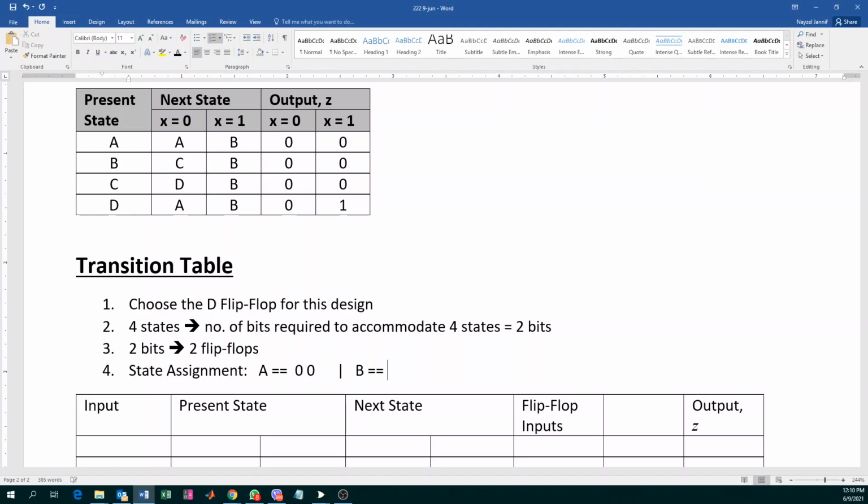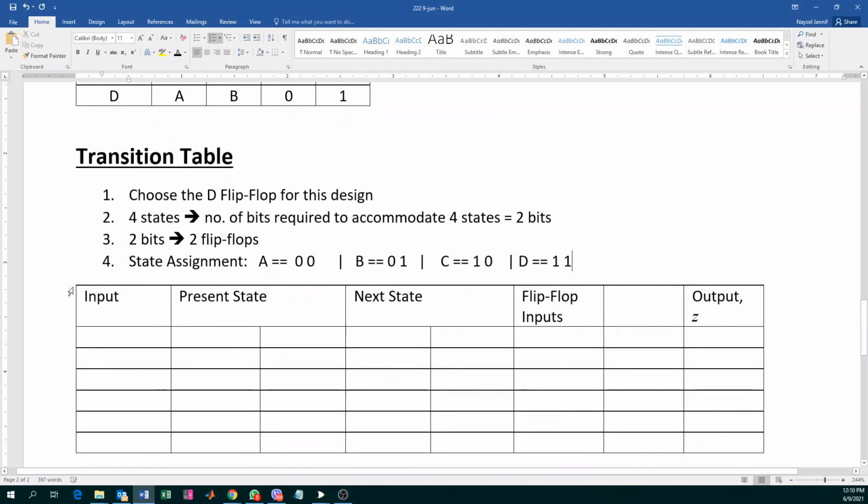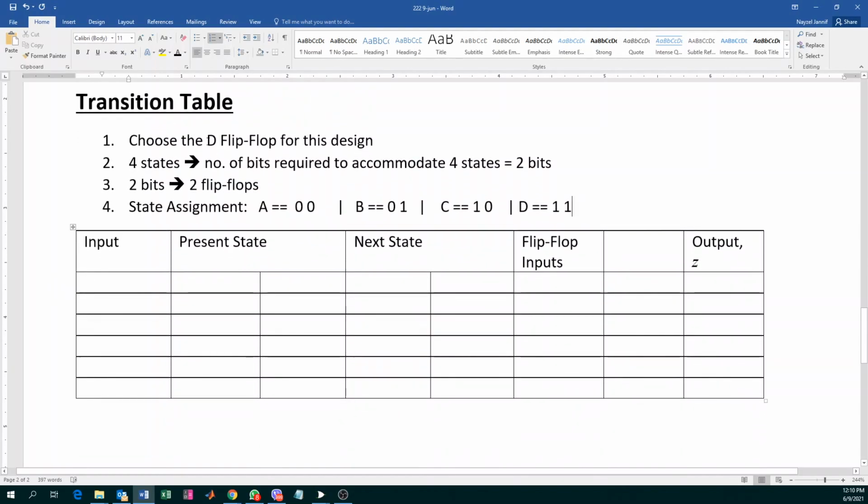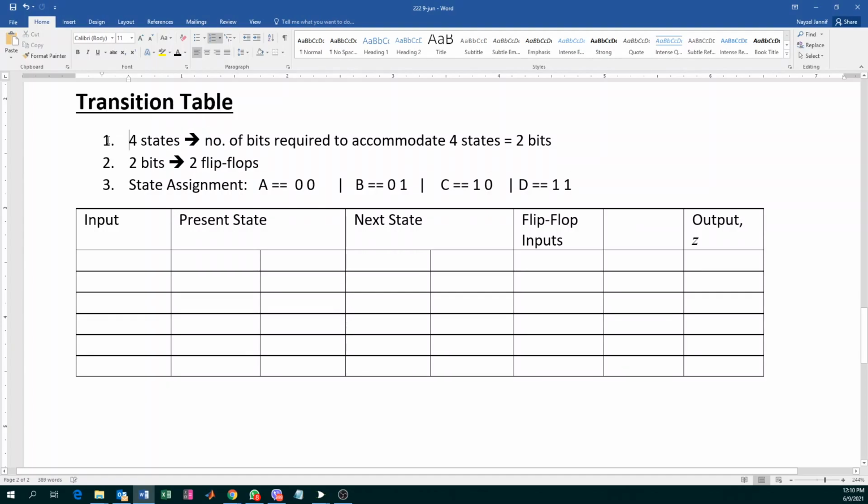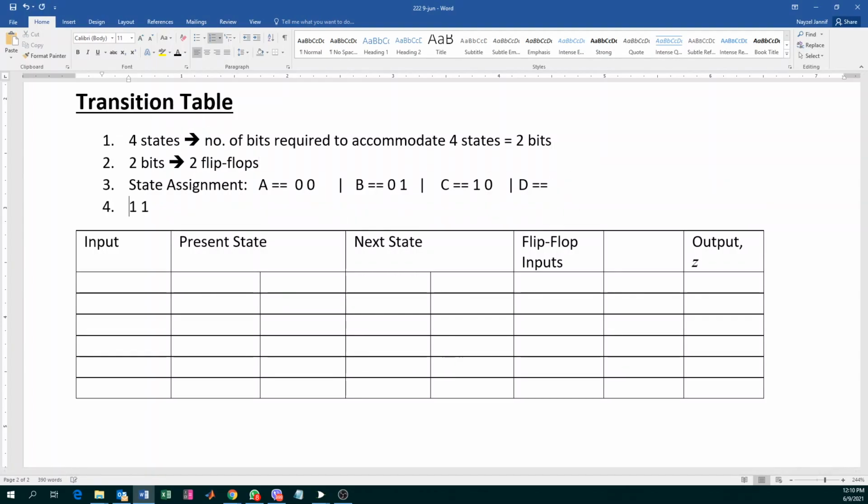B can be 0, 1. What does C stand for? We can have that as 1, 0. And what does D stand for? D can be 1, 1. All right, so these are some notes. We are choosing the D flip-flop. There are 4 states.